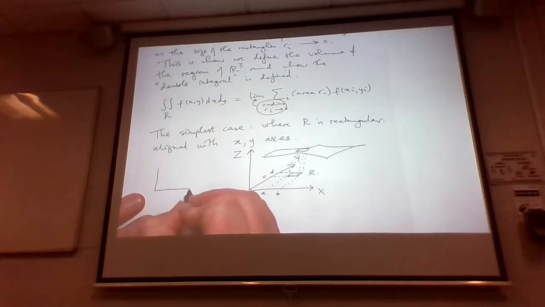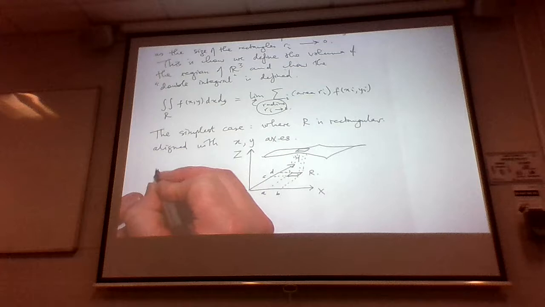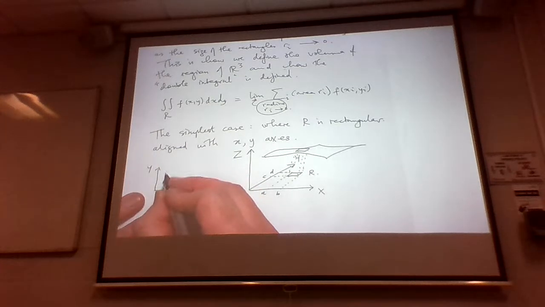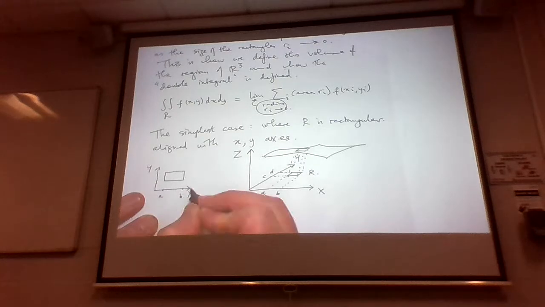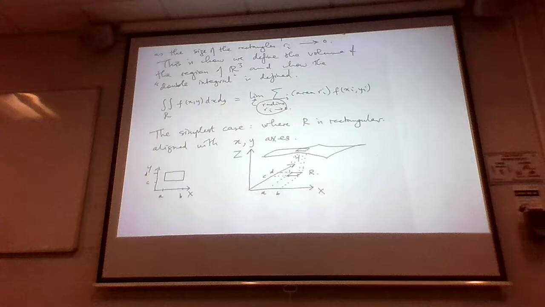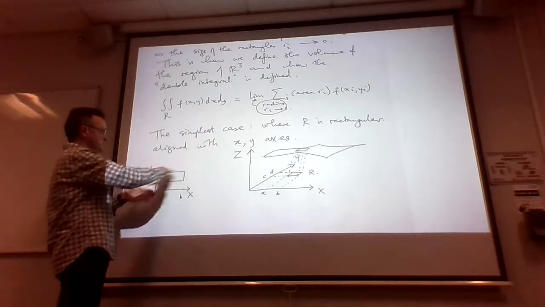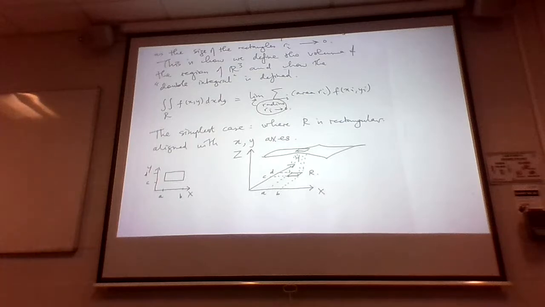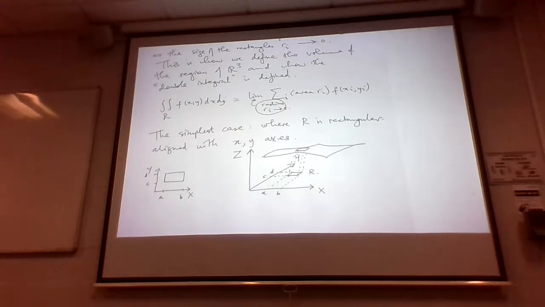So just to be sure, if we just draw the xy plane, the region R we're talking about is a rectangle that's aligned with the coordinate axes, as opposed to some rectangle which is rotated, which doesn't have sides parallel to the x and y axes. So this is the simplest kind of region to deal with.